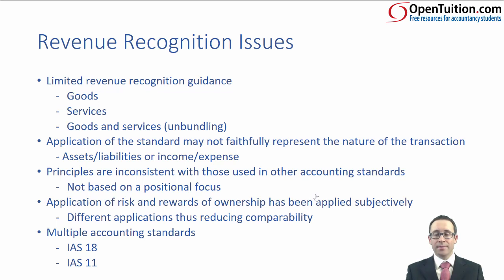The other one we mentioned there, different applications of risk and reward of ownership. That reduces comparability, and you've got multiple accounting standards. I mentioned IAS 17, IAS 11, but if you think about leases, which we'll look at a bit later, we've looked at F7 and leases from the lessee's perspective and the payments, but what about from the lessor's perspective and the income?